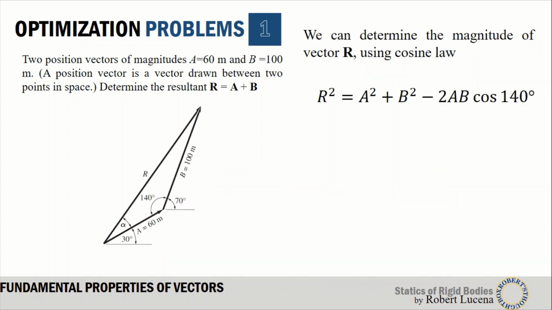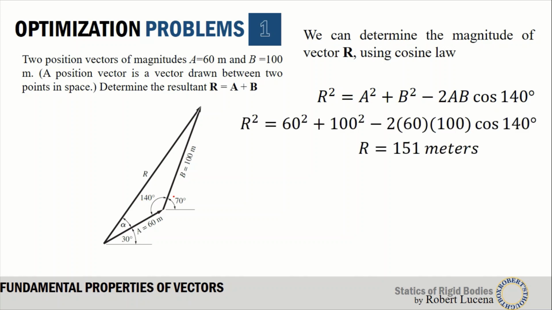To get the magnitude of R, we want to use the cosine law, since A and B are given and the angle in between A and B is also given, or the angle opposite to R is given, then we can solve for R by substituting the values.